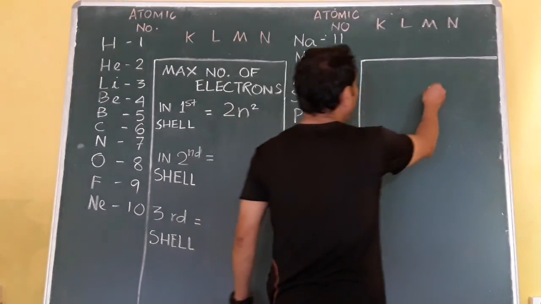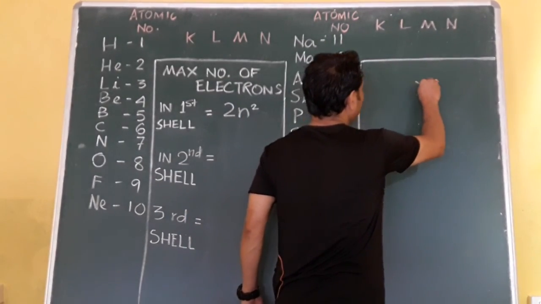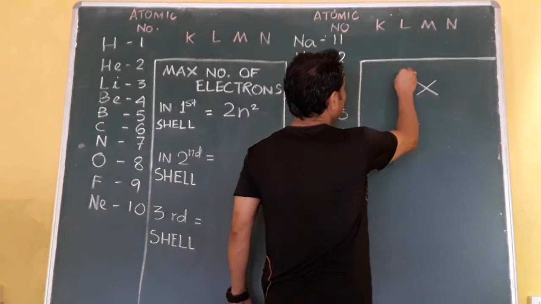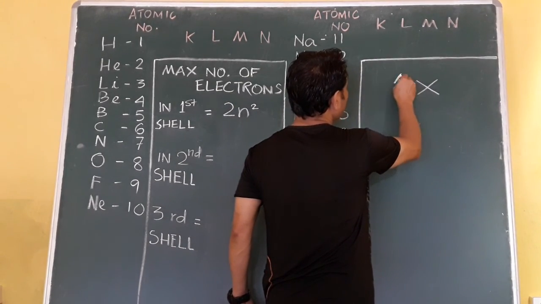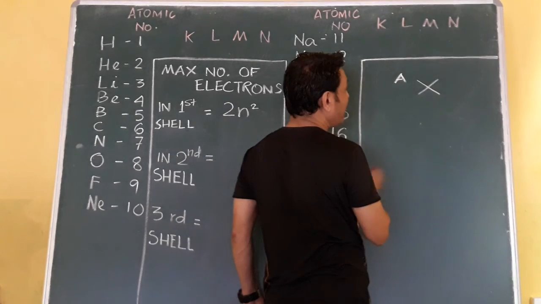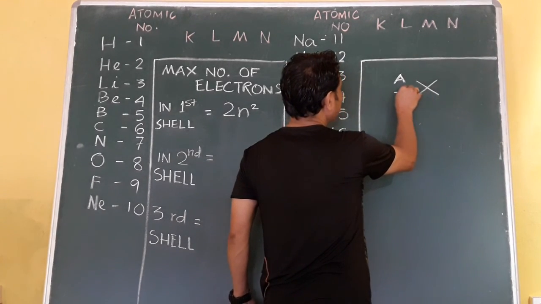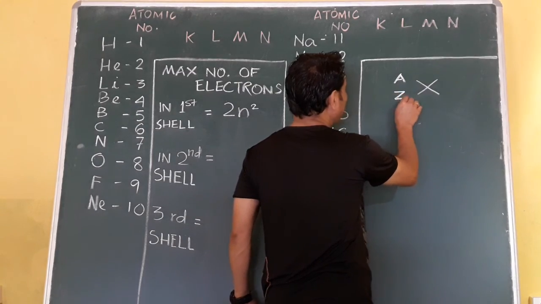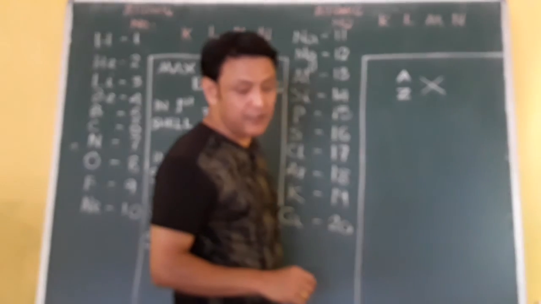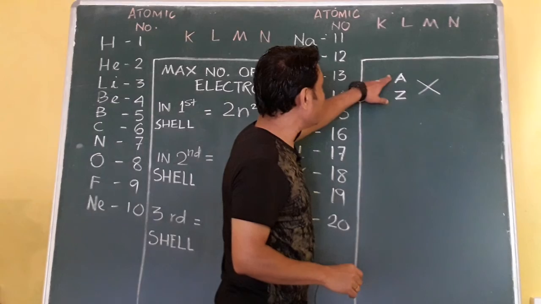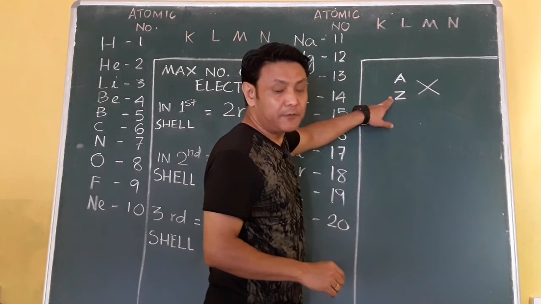Now, suppose we have an element X. We have the atomic mass or the mass number written on the top, on the left hand side of the symbol of an element, and the atomic number is written at the bottom. That means it is the superscript and this is the subscript. Okay.